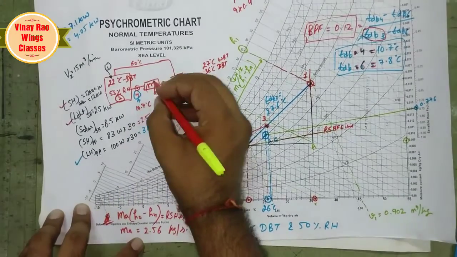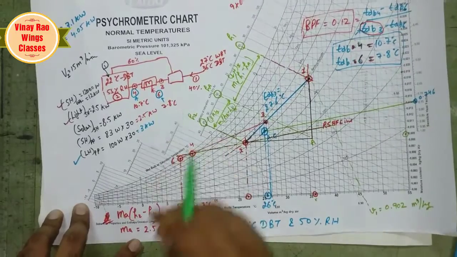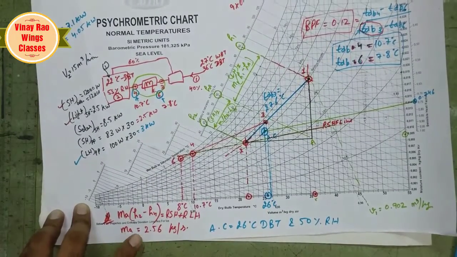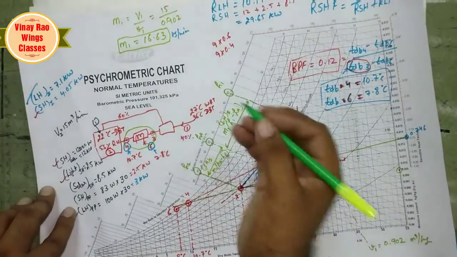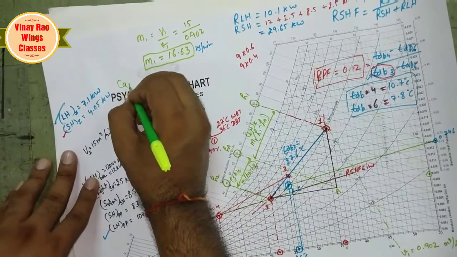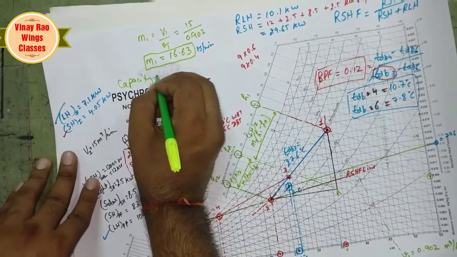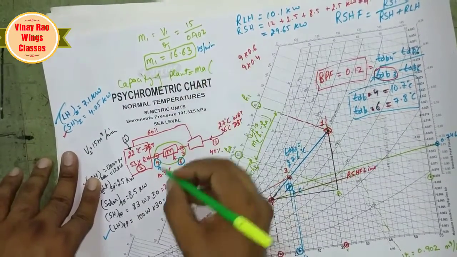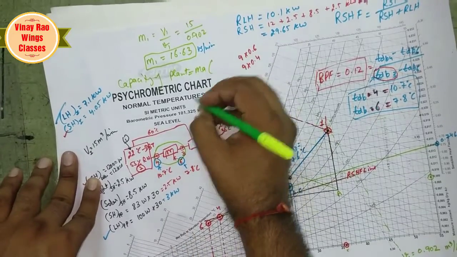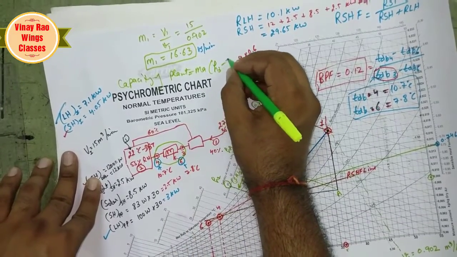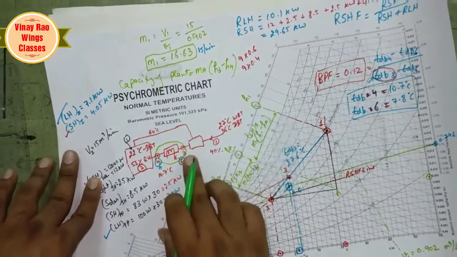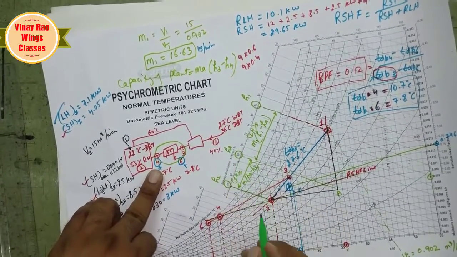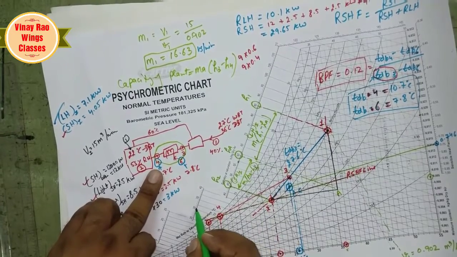Now we calculate the capacity. The capacity of the plant is equal to MA into H3 minus H4, where H3 is the enthalpy at point number 3 and H4 is the enthalpy at point number 4.